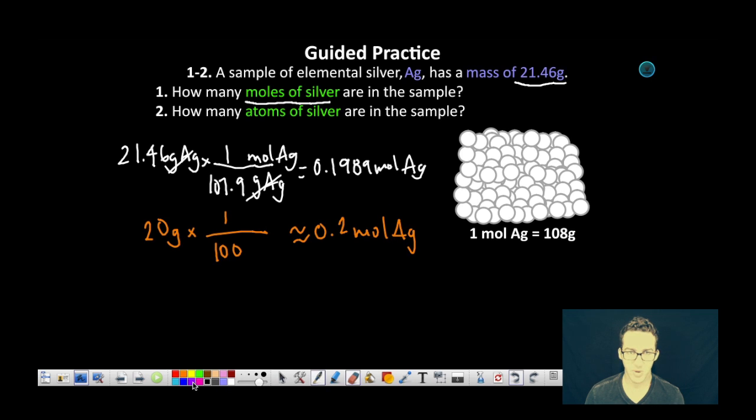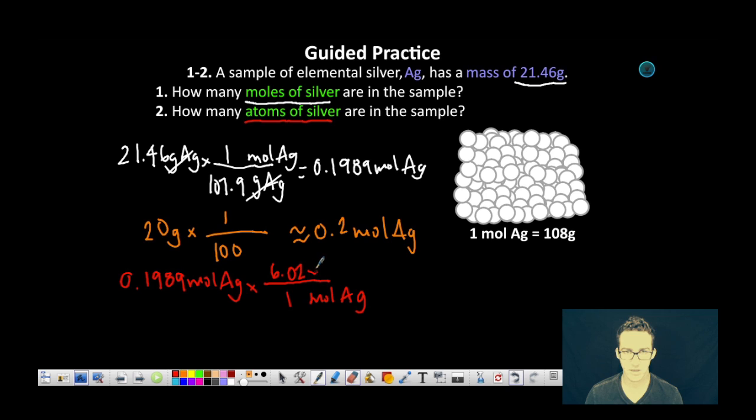Okay, on to part 2. As we take a look at part 2, we're asked to figure out how many atoms of silver we have. Well, we know we've got 0.1989 moles of silver from problem 1. To convert to atoms, we simply use Avogadro's number, 6.022 times 10 to the 23 atoms of silver.